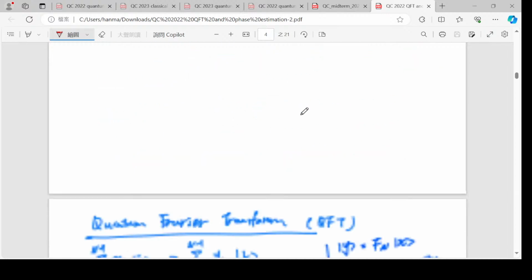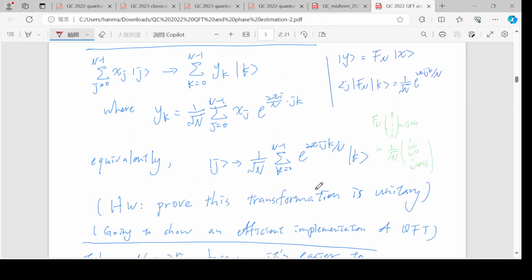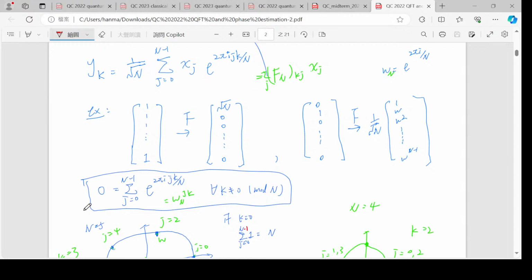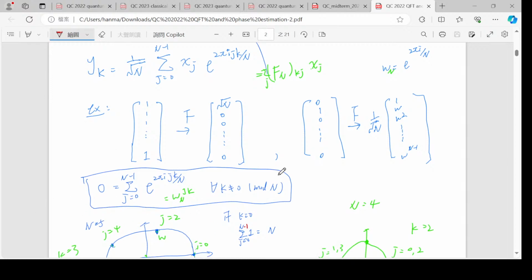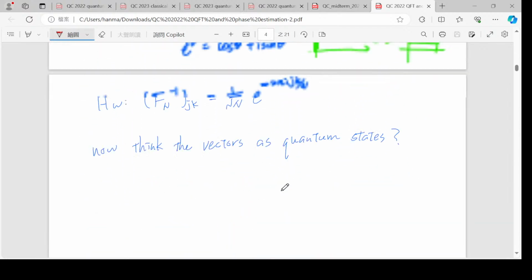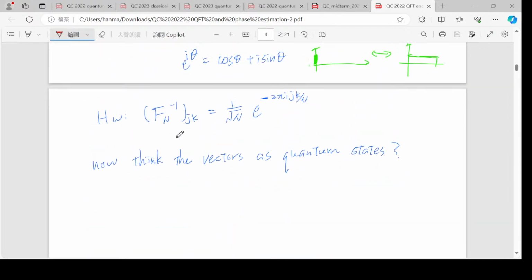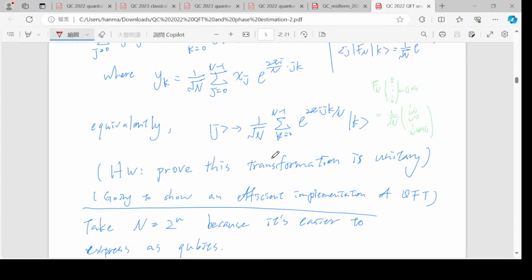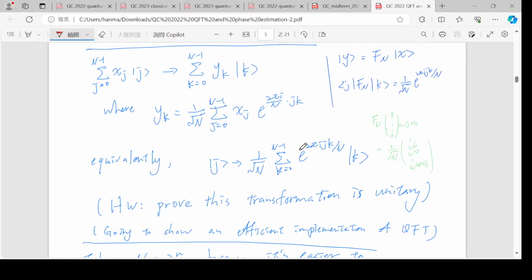So you want to show Fn dagger times Fn equals the identity matrix, and that should use this identity a lot. You use this identity, then show that Fn dagger times Fn equals identity, so Fn dagger is Fn inverse. That's a linear algebra fact about the Fn matrix: it's a unitary matrix.